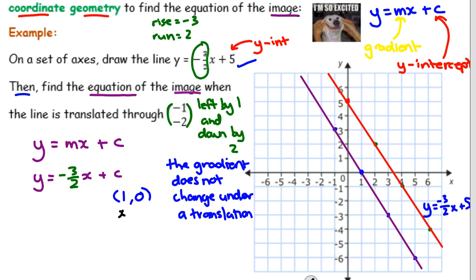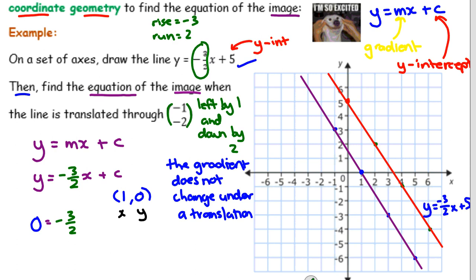So this is good practice with coordinate geometry again. Our y is 0. 0 equals -3/2, and it's all because we can't easily see the x-intercept. It could be 1.5, but maybe it's 1.3 or maybe it's 1.55. Let's just double check by being really careful and actually subbing in a point to get the correct value.